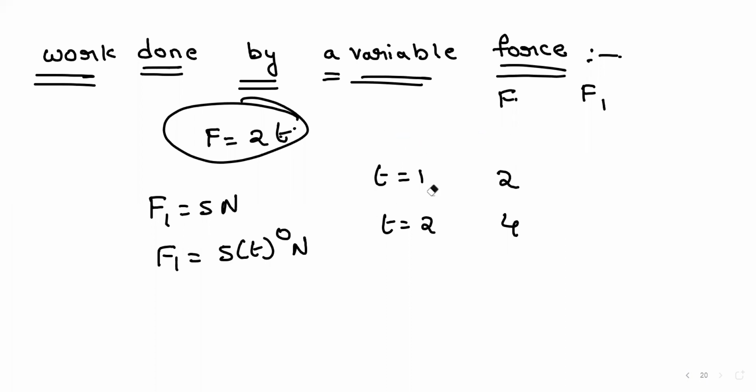If I substitute t as 0, what do I get for F1? 5. If I substitute t as 1, I get 5. If I substitute t equal to 2, I'll get 5, sir.